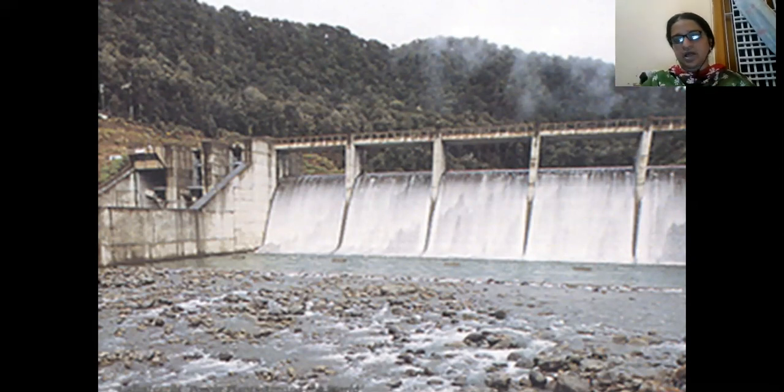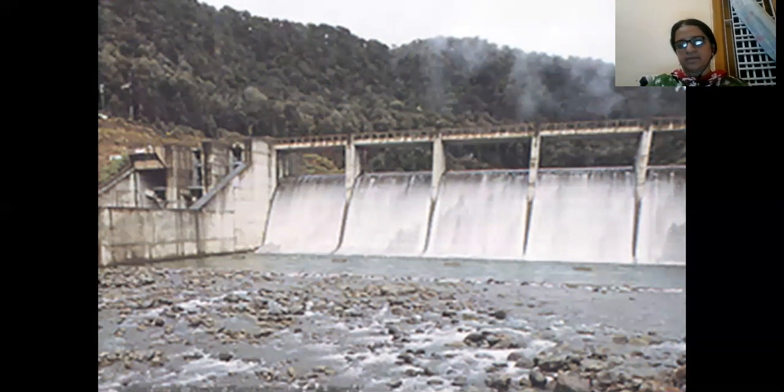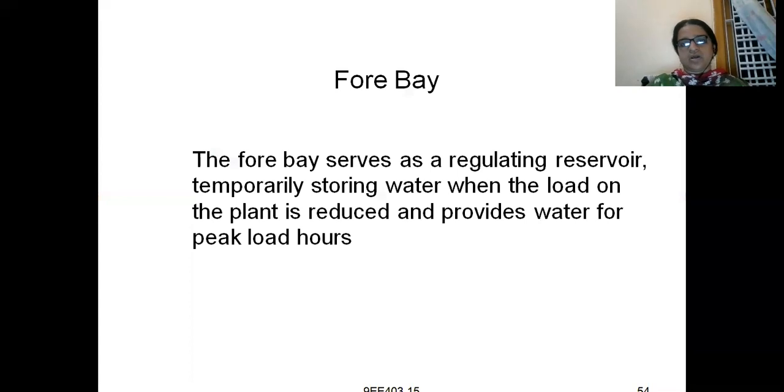Some people call it a tail pond, or they construct a tail pond nearby the dam, so that the water which is discharged from the spillways or the gates of the hydroelectric power station dam will come and get stored in the tail pond, right?